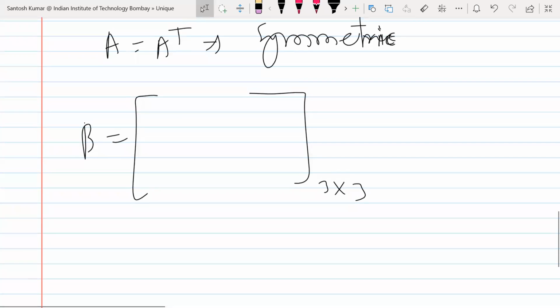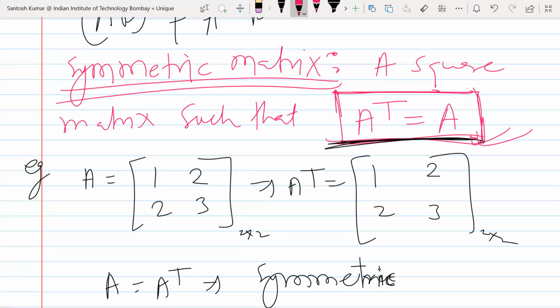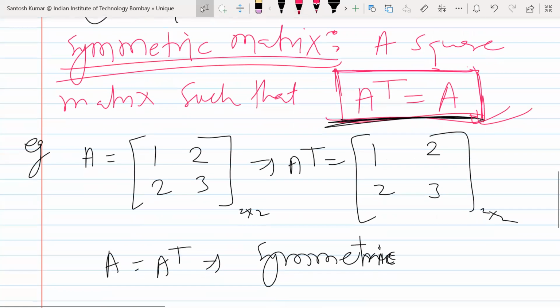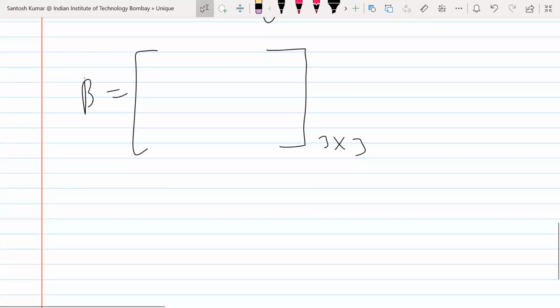Any one of you, tell me a 3 cross 3 matrix which is symmetric. There are infinitely many such matrices, you just have to tell one. You know the definition, no? The definition is A transpose is equal to A. In transpose, we interchange rows and columns. So everyone please try and tell me one example.